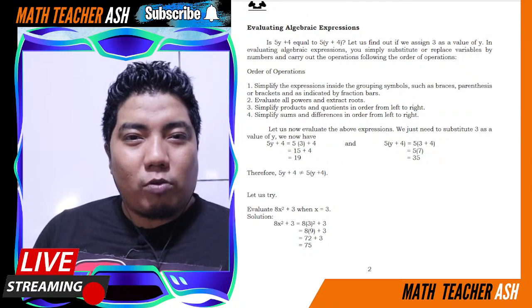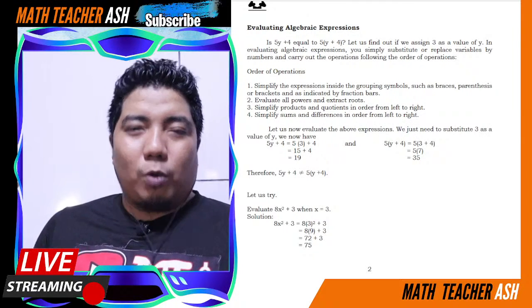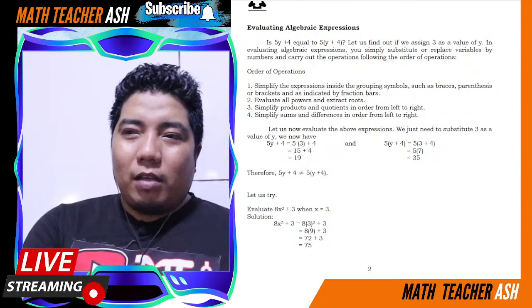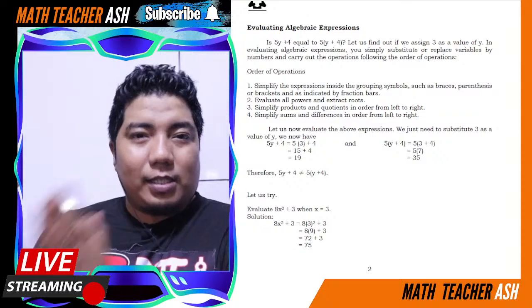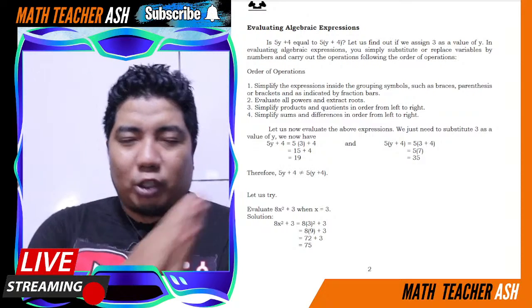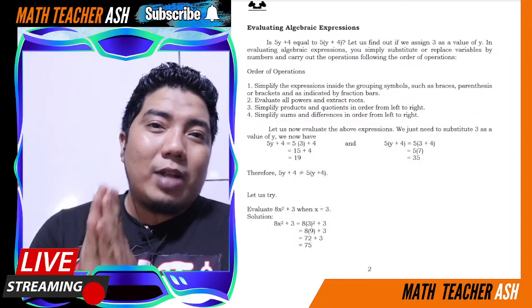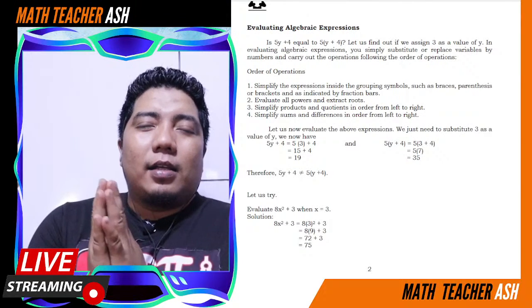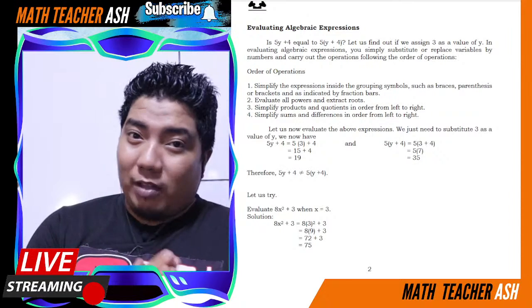Anong una mong isosolve? So, technically, sa old natin na ruling, yung PEMDAS, parenthesis, exponent, multiplication, division, addition, subtraction, diba, nauna si M bago si D, MDAS, tama? Inuuna si multiplication bago division.